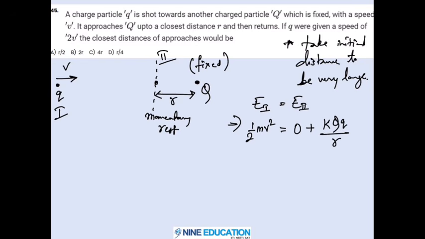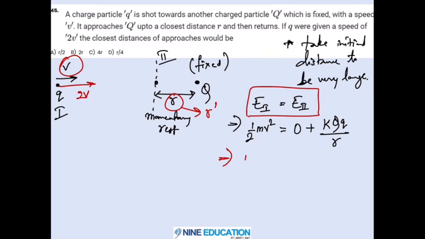Perfect. Now, instead of v, you're projecting it with a higher speed 2v. That time this R becomes R dash. Again, rewrite this same energy conservation equation. You will get half m 2v square is equal to 0 plus K capital Q small q by R dash. Now this is equation 1, this is equation 2.